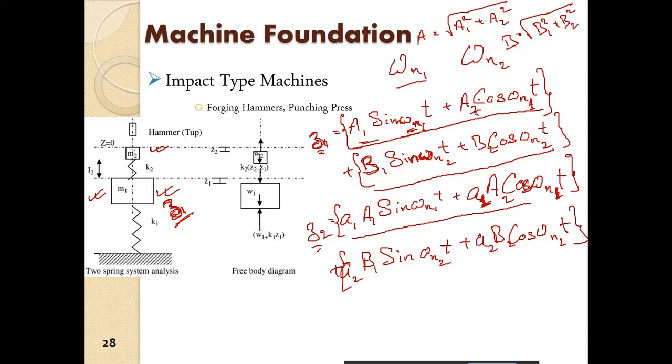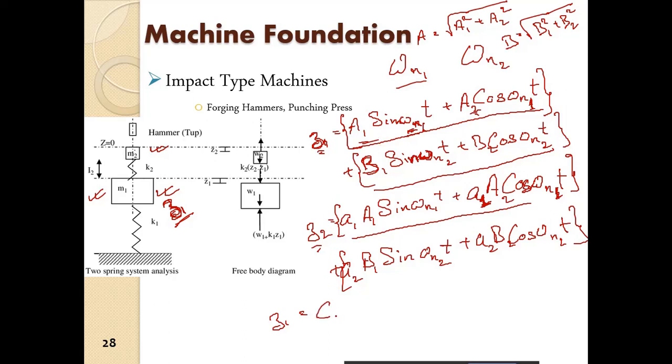So instead of writing this, we can straight away write z1 is equal to, we can combine A1 sine omega n1 t plus A2 cos omega n1 t as one wave.